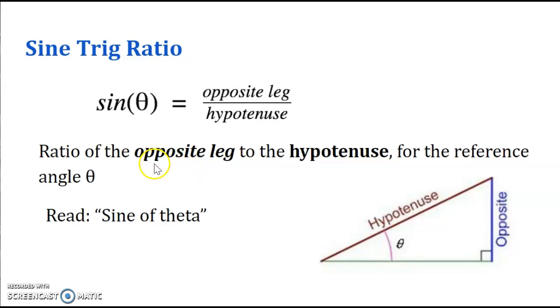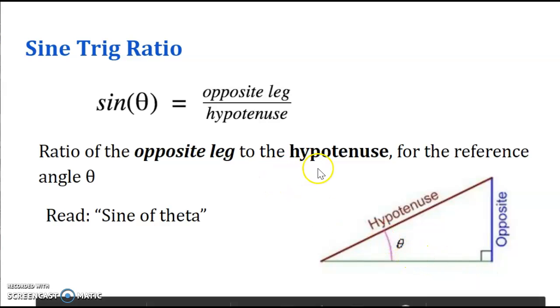So let's go specifically to the sine of theta. Sine of theta is the ratio of the opposite leg to the hypotenuse of the reference angle theta. So this is the angle theta, and the leg that is opposite to it is this side, across from it. The hypotenuse is always the side opposite the right angle.